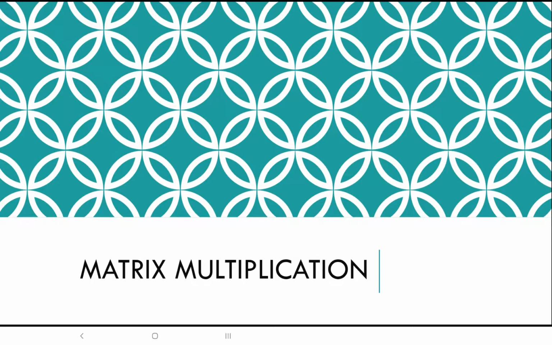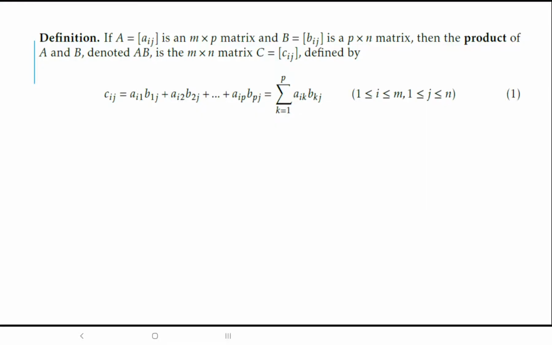Okay, now we want to use this dot product to define what matrix multiplication is. So suppose that we have A and B. Syempre kung magmumultiply tayo ng matrix, kailangan meron tayong dalawang matrix. Suppose that A, with entries A sub ij, is an M by P matrix. So we have M rows and then P columns.